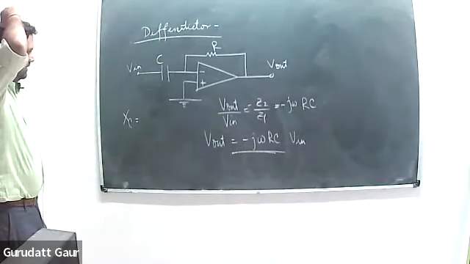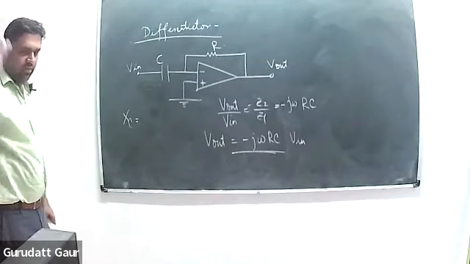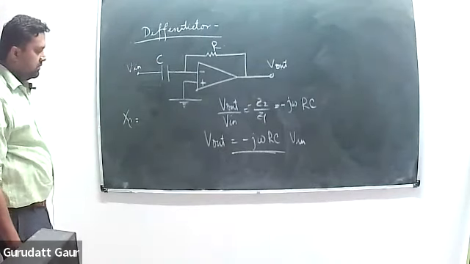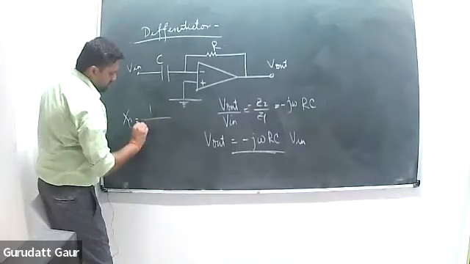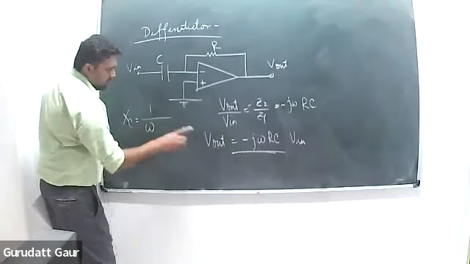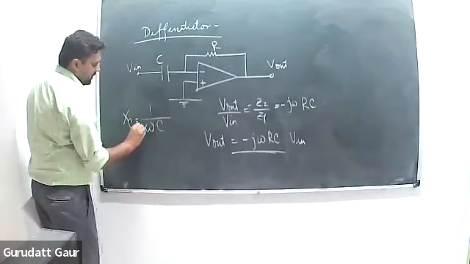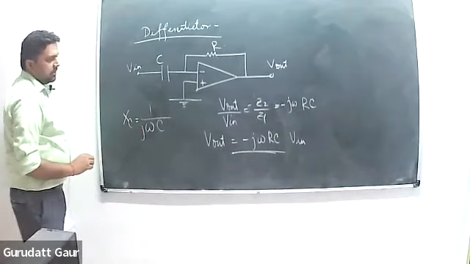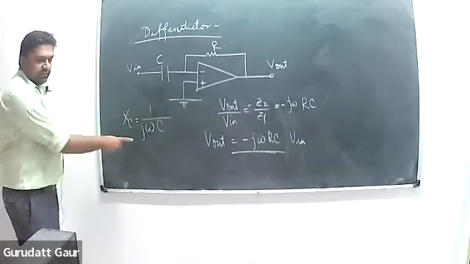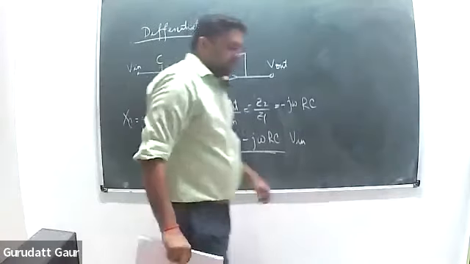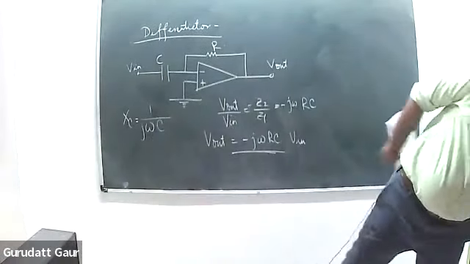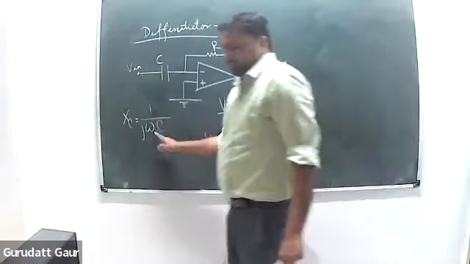And one thing we can see is that this is also known as what? Low pass or high pass filter? I don't know. If it is RC, it will be a low pass filter? XC is 1 upon J omega C. So if the frequencies are small, then the impedance offered will be very, very large, because omega is in the denominator.